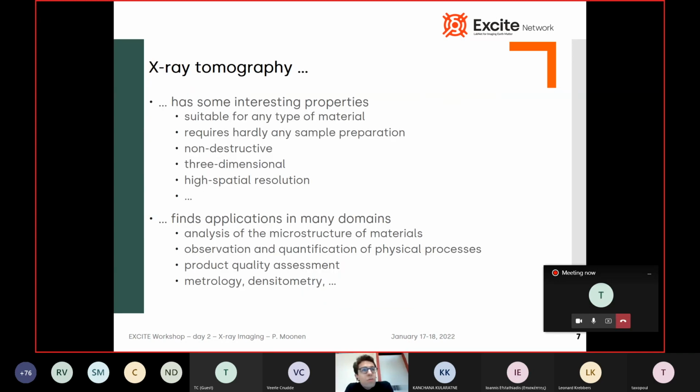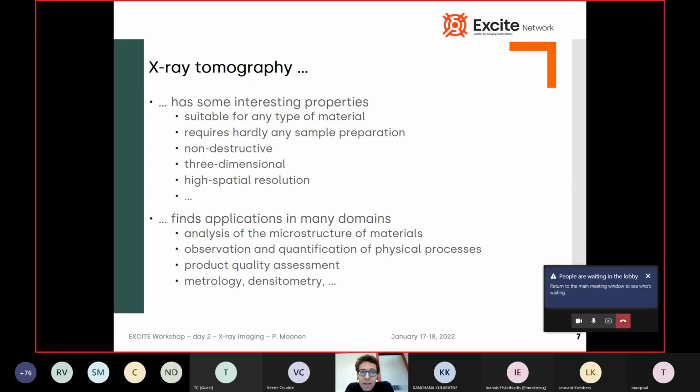Certainly, if I tell you that this is suitable for any type of material, whether it's organic materials or polymers or earth materials or whatever, and it requires hardly any sample preparation. So the applications of this technique are very numerous.